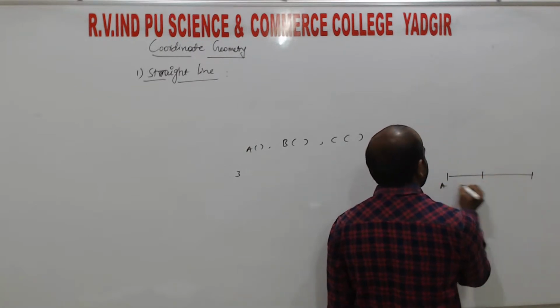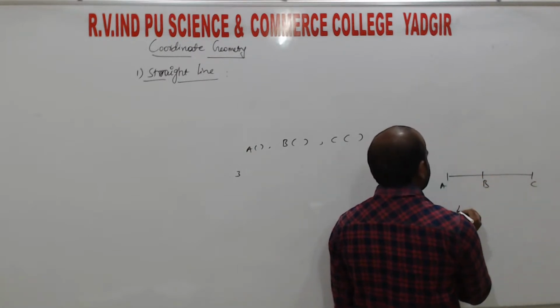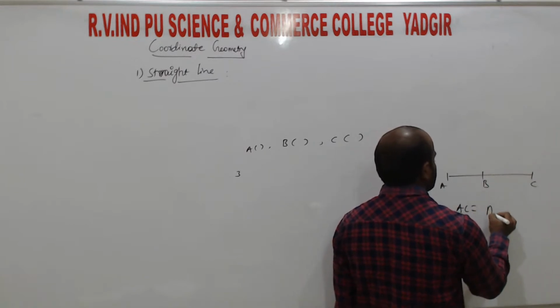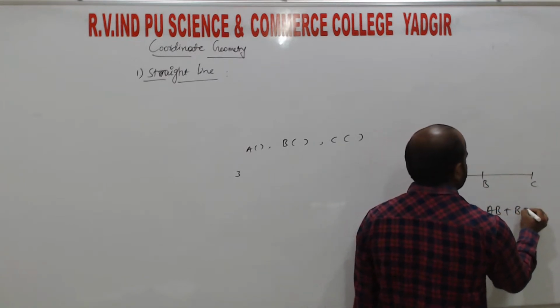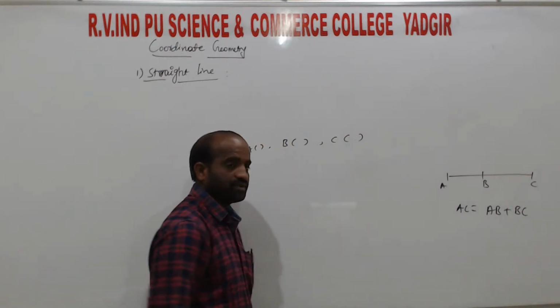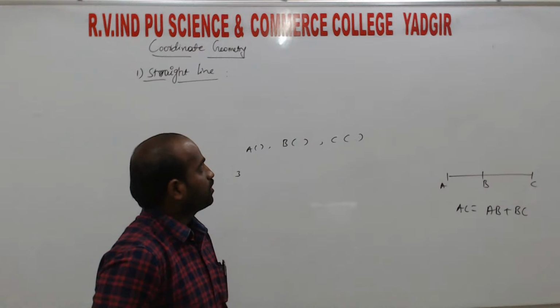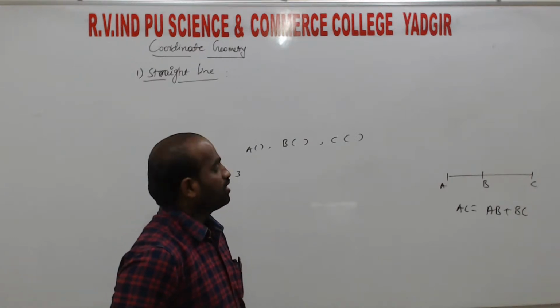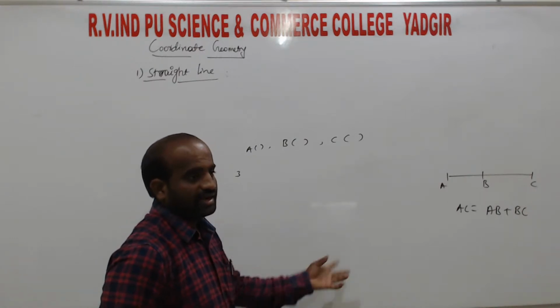For points A, B, C: AC is equal to AB plus BC using the distance formula. 3 points are given; show that they are collinear. Collinear means line and line.